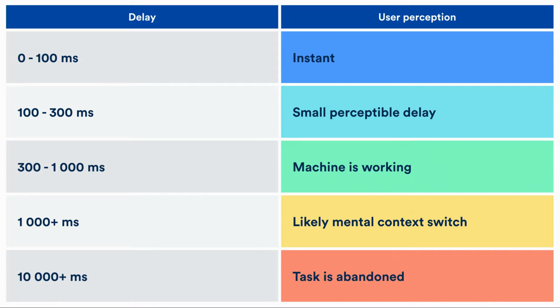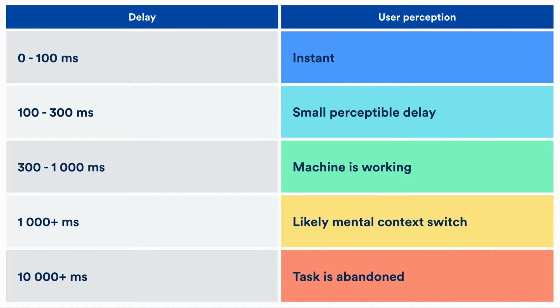This is a table from High Performance Browser Networking by Ilya Grigorik, a performance engineer from Google. It shows how a visual delay affects user perception. So if a delay is under 100 milliseconds, it feels instant, and users won't even be able to see it. If it's over 100, they will be able to perceive it, but they won't really notice it.